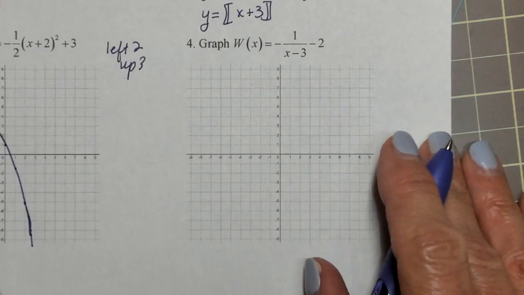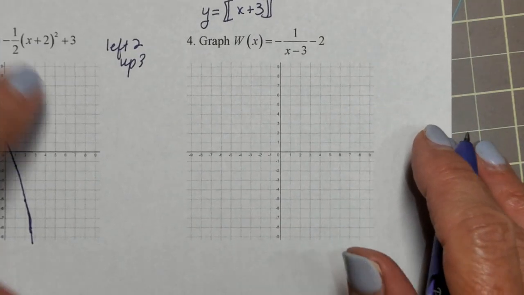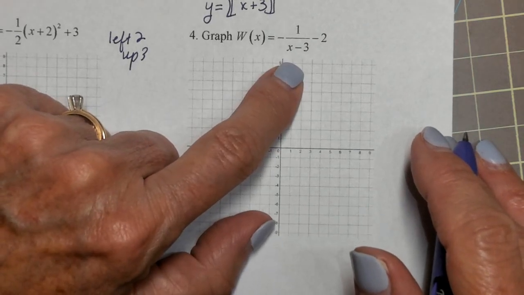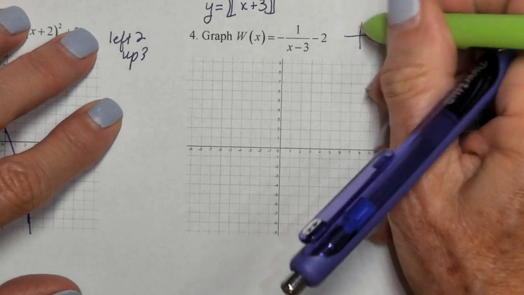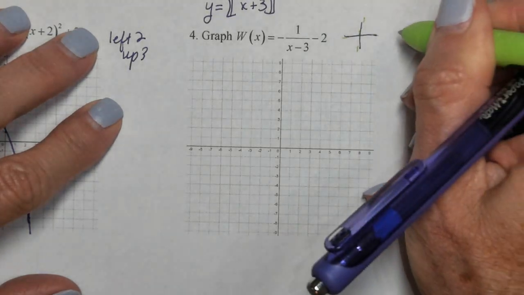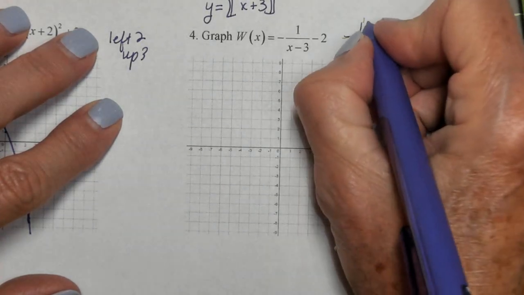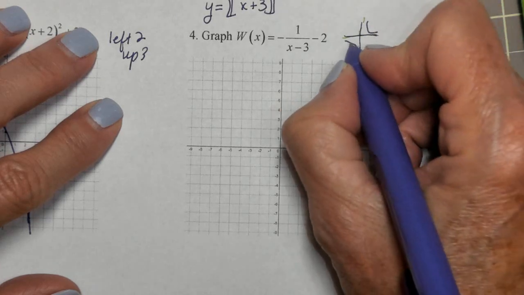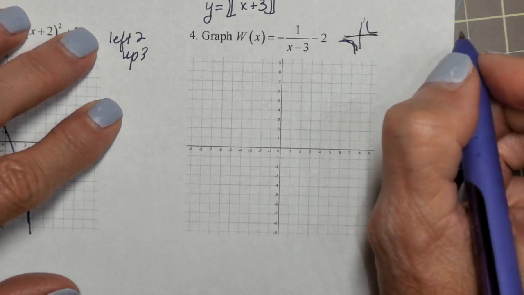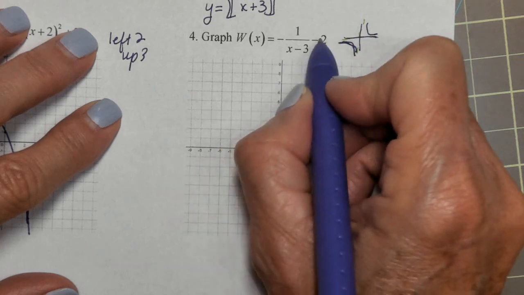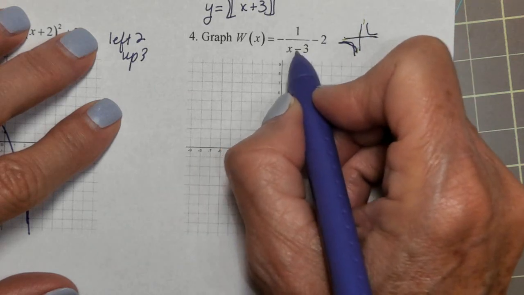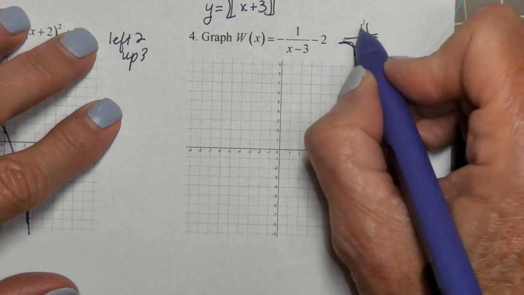Okay, one more. All right, we're starting with our reciprocal function. That's the one, the reciprocal function is the one with the asymptotes on the axes, right? And it does this. So when you see a shift, in which we definitely see a shift here, I'm going to shift the center of my asymptote.